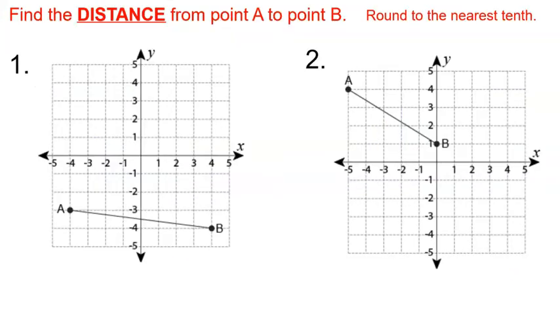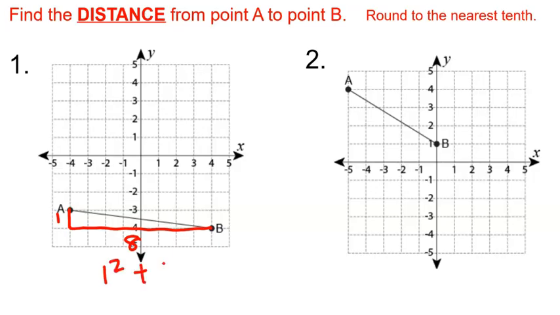The directions state to find the distance from points A to B, rounding to the nearest 10th if necessary. So I'm going to draw a right triangle here on question number 1 by drawing a vertical line with a distance of 1 and a horizontal line that goes from -4 to +4, so that has a distance of 8. So my legs are 1 and 8.